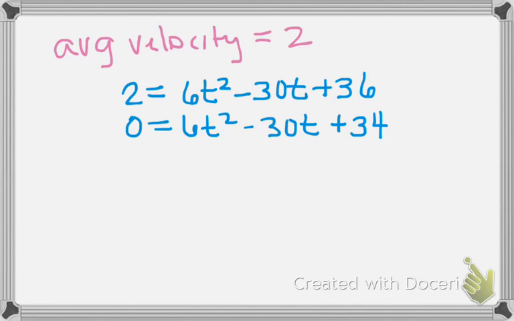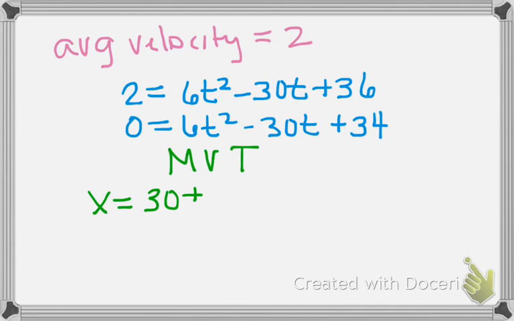So I want to find, again, on my interval between 0 and 5, where exactly is the instantaneous velocity equal to the average velocity. This, by the way, is the mean value theorem. So I'm going to go ahead and let the quadratic formula do all my work for it.